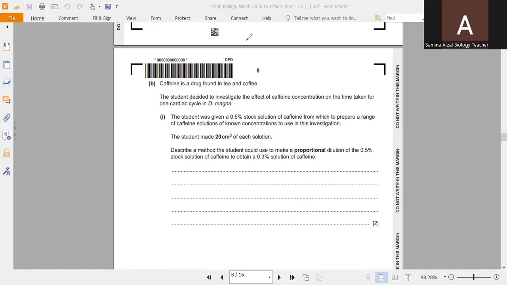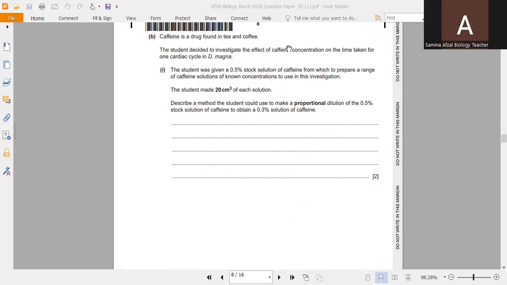So first of all, we will find out the volume of stock solution needed for this purpose. So the dilution equation, you know it all. I will start with that. It is C1 V1 is equal to C2 V2.